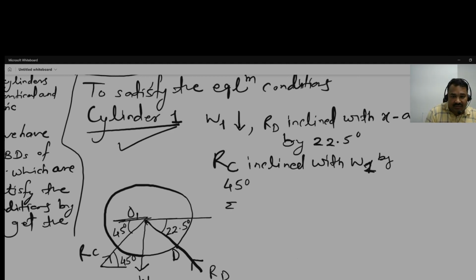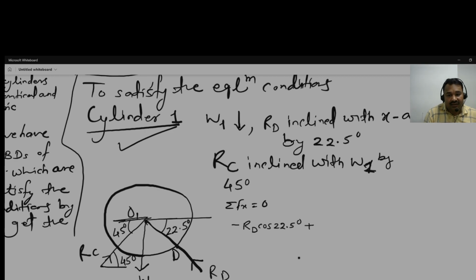Now, summation of Fx is equal to 0, this condition we are going to apply. You can see the direction of RD is on the negative side, and it is inclined with the horizontal axis, that's why here we take cos 22.5 degrees. And what about the direction of RC?